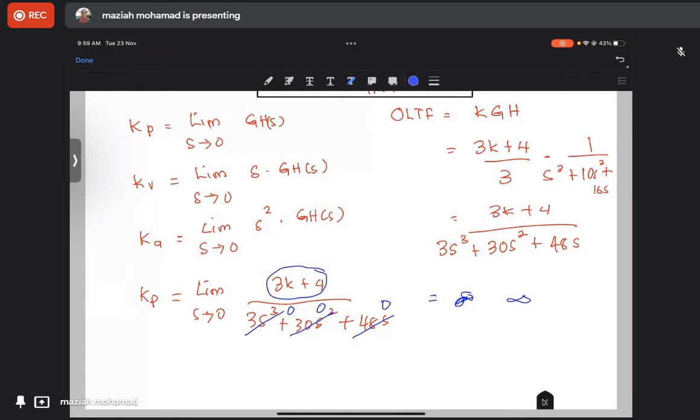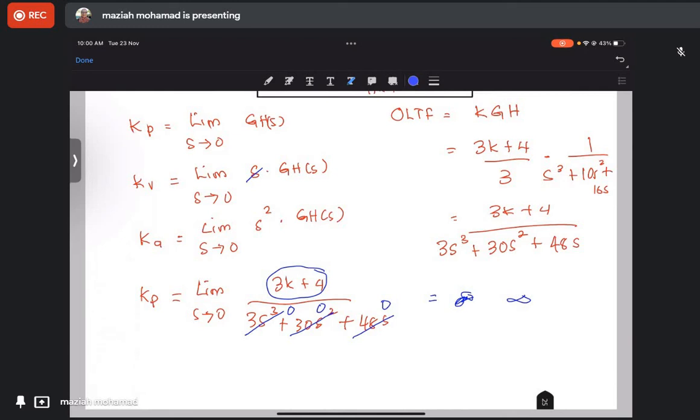So we can expect Kv will have some value and Ka to be 0. Because we can factorize s and cancel s, it becomes a value, and for this one we cannot cancel, so the numerator we have a 0.